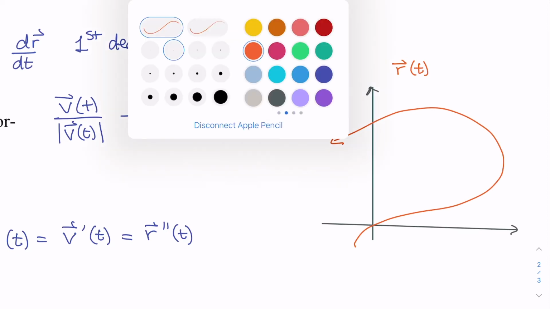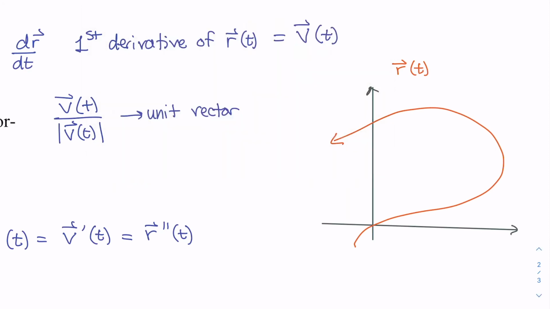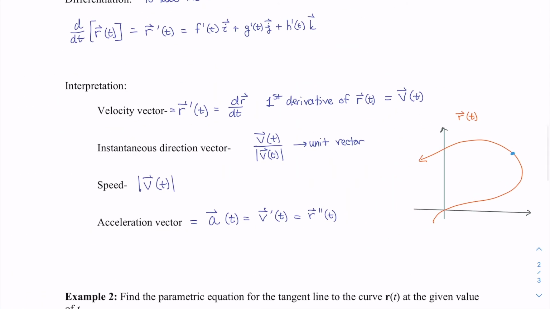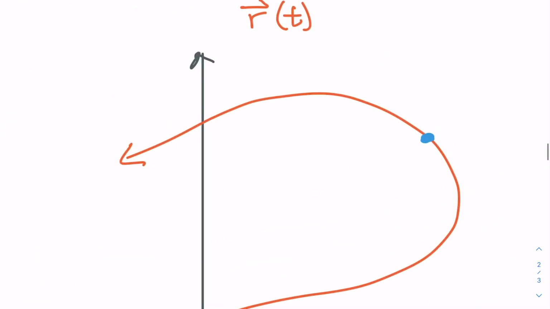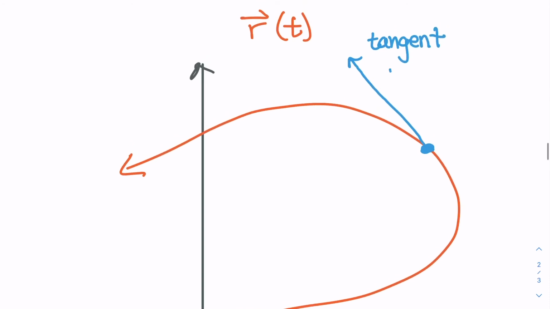If I were to pick just a random point, like maybe right here, we know the velocity vector would look like this. It would point in the direction of instantaneous motion. So it is a tangent line. So it is tangent. And that is v of t.